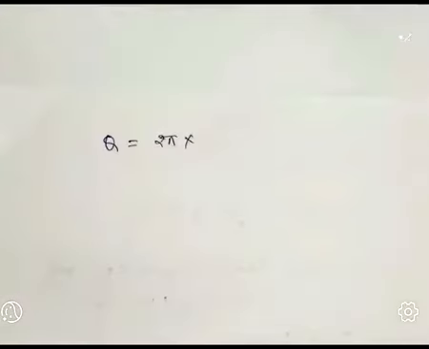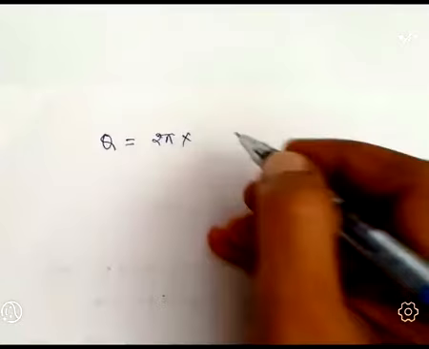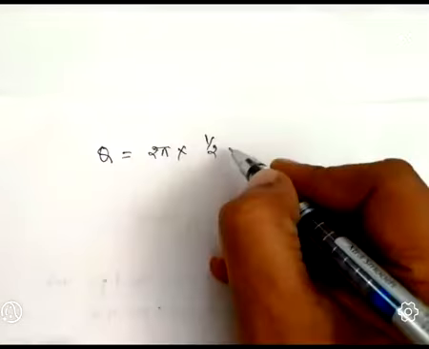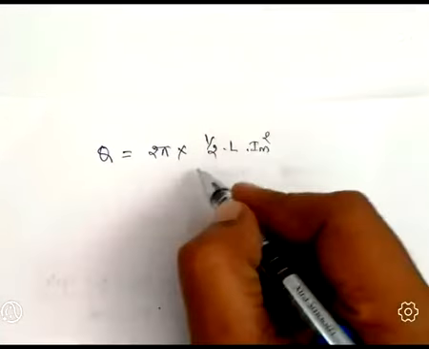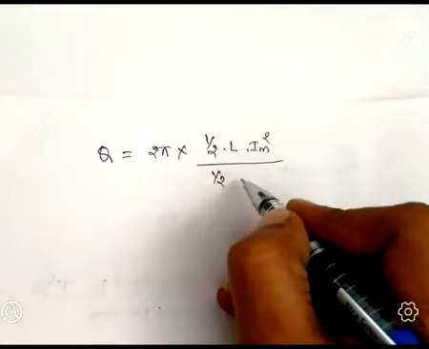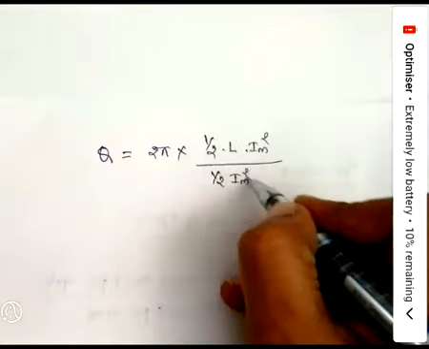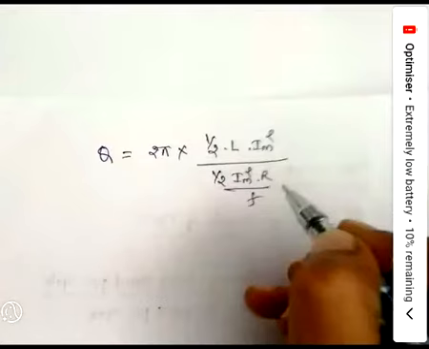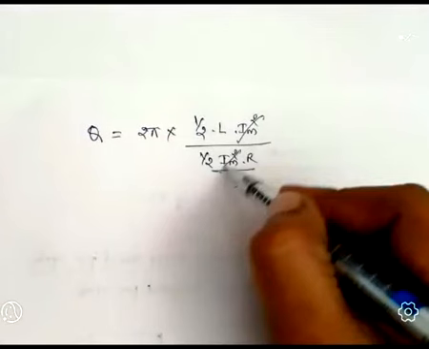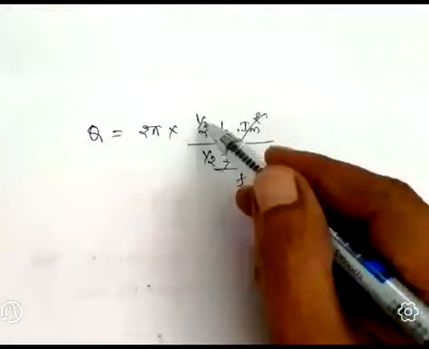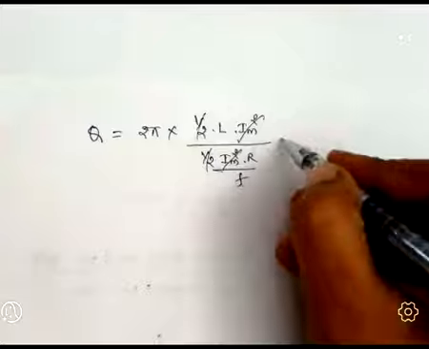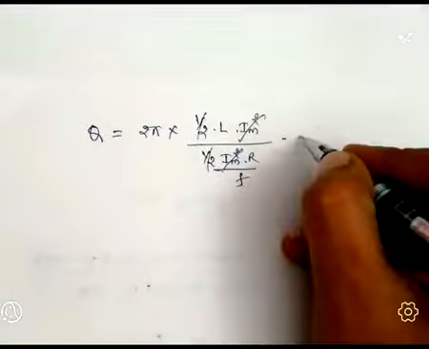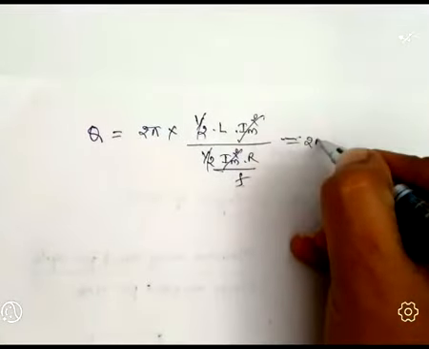So quality factor is equal to 1 by 2 into L into Im square divided by 1 by 2 Im square into R divided by F. Doing the simplification, 1 by 2 and 1 by 2 cancel, Im square cancels, and F goes to the numerator.